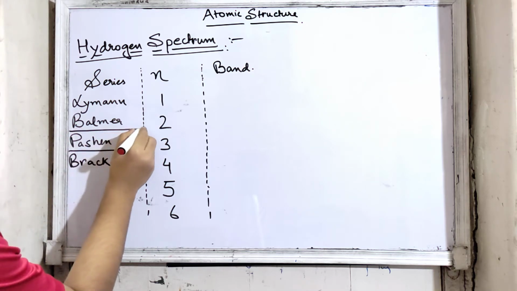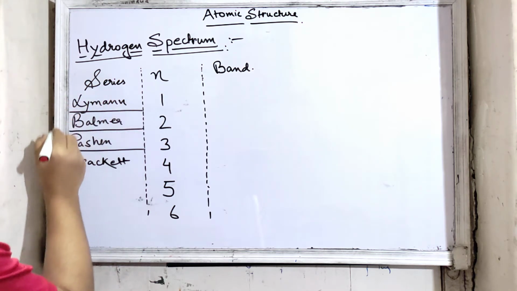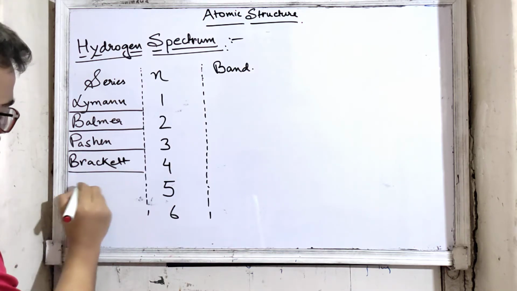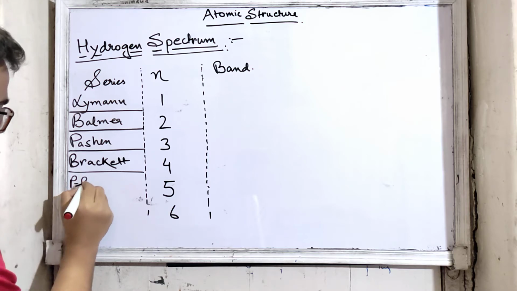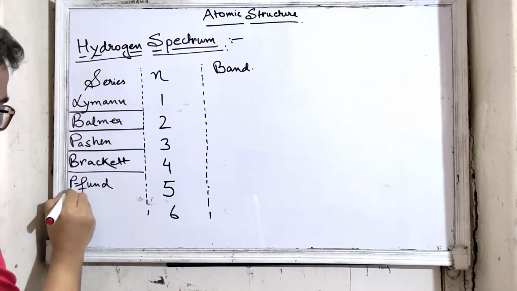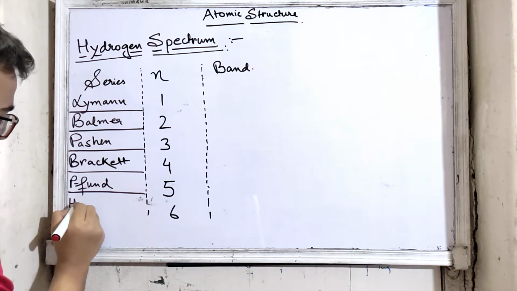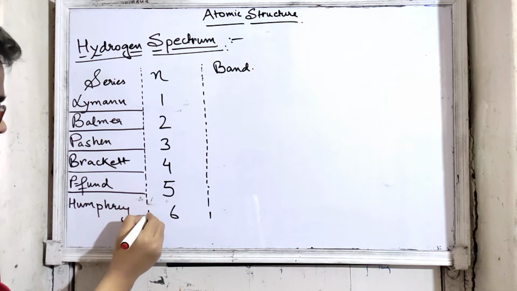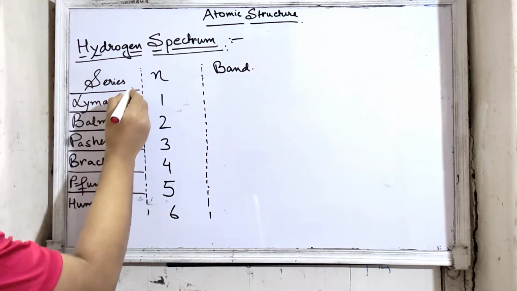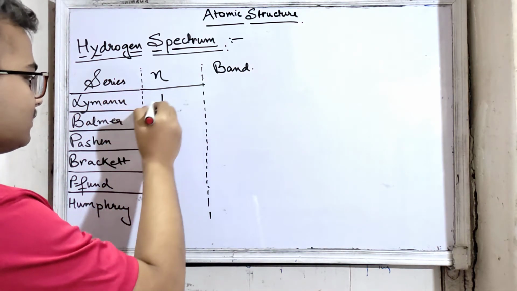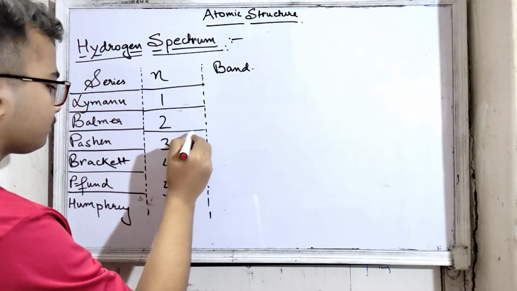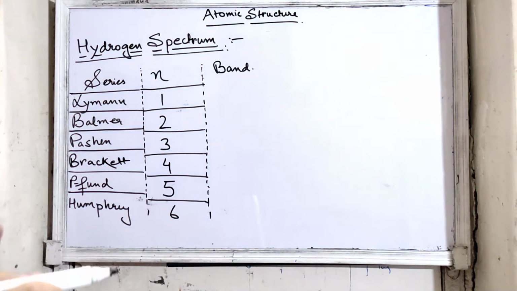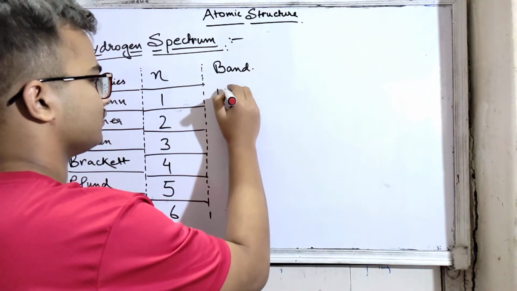Okay, after Brackett series is the Pfund series, but it is called P fund. P is silent. P fund. After that it is the Humphrey series, right. Now for Lyman series, it is the band which follows the Lyman series, it is the UV rays, which is the ultraviolet rays.